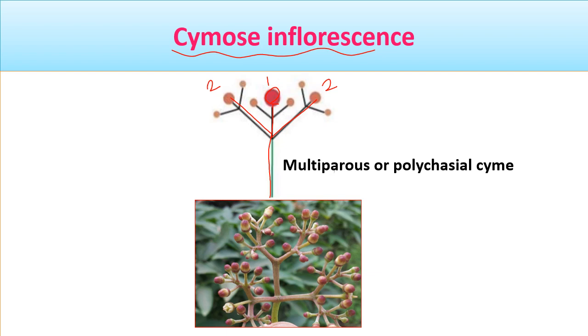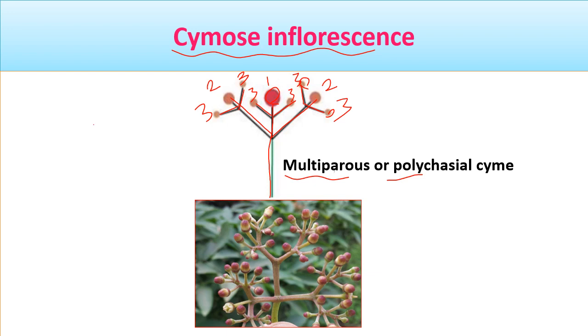But in case of dichasial, it does not have further flowers, but in case of multiparous or polychasial cyme, it again has axis and flowers like this. So this is 3, 3, 3, 3, and it again has flowers 3, 3.